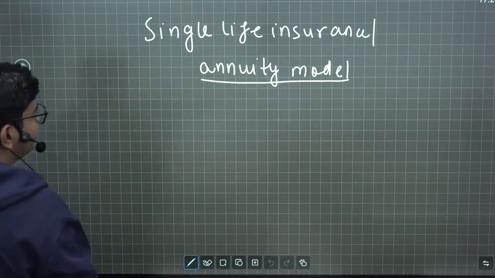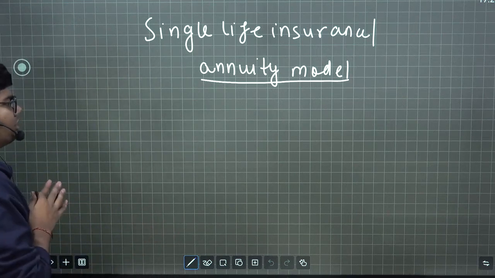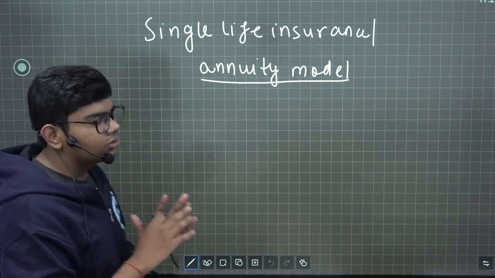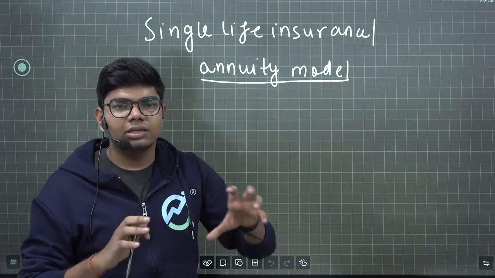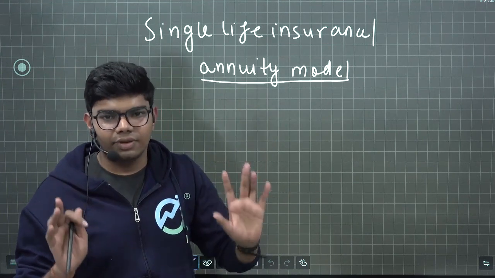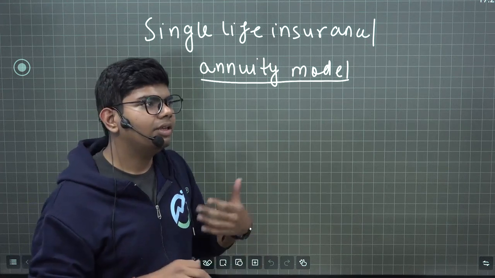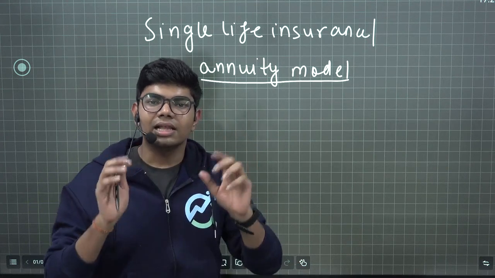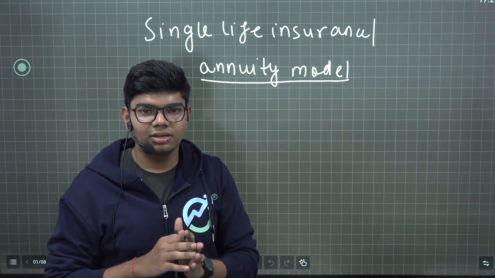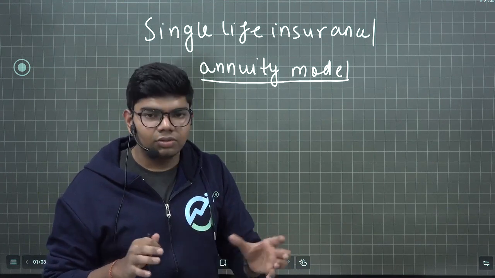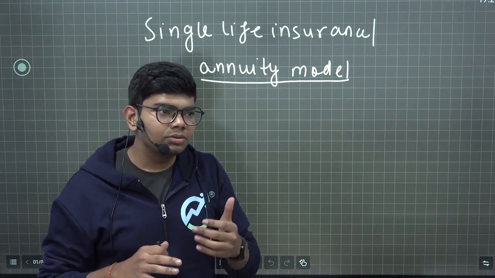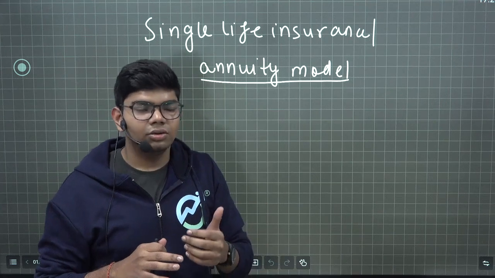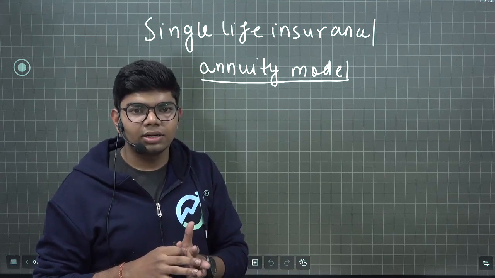So first of all, you have a single life insurance or an annuity model. So here, if you consider all of those states where you can be, like for example, when you were purchasing the model, you were in healthy state, you were fully functional, right? You were able to walk, you were able to talk, you were able to eat, you could go to the washroom and all that, right?